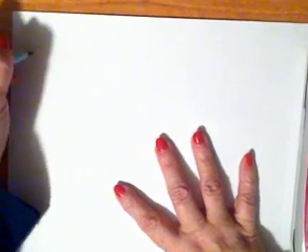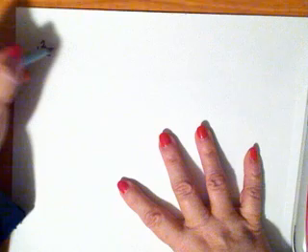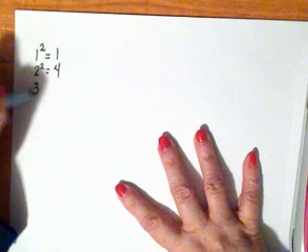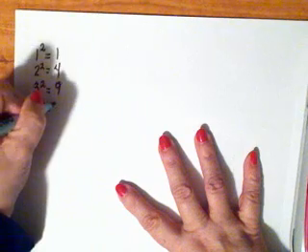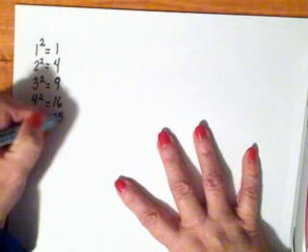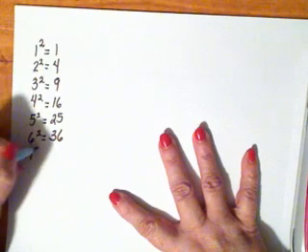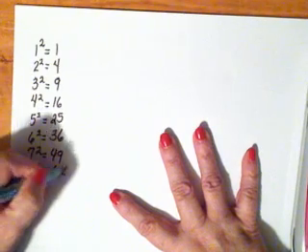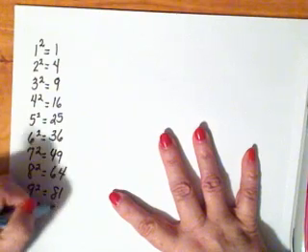So, if I were going to square 1, that's like saying 1 times 1, which is 1. 2 squared is 2 times 2, which is 4. 3 squared is 3 times 3, which is 9. 4 squared is 4 times 4, which is 16. 5 squared is 5 times 5, which is 25. 6 squared is 6 times 6, or 36. 7 squared is 49. 8 squared is 64, 9 squared is 81, and 10 squared is 100.